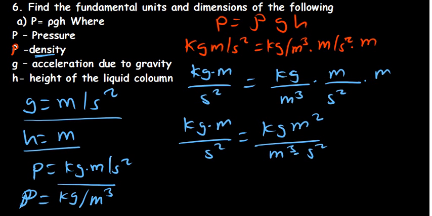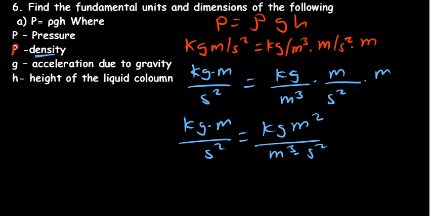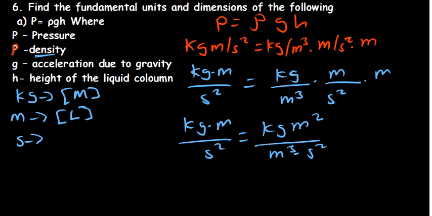Now I can go to my dimensions. Where there is kg, I'm supposed to replace it with the square brackets of mass. Where there is meters, the square brackets of length. Where there is seconds, the square brackets of time. Let's go ahead and see what we're going to have. Kg is replaced by capital M. Then meters is length.